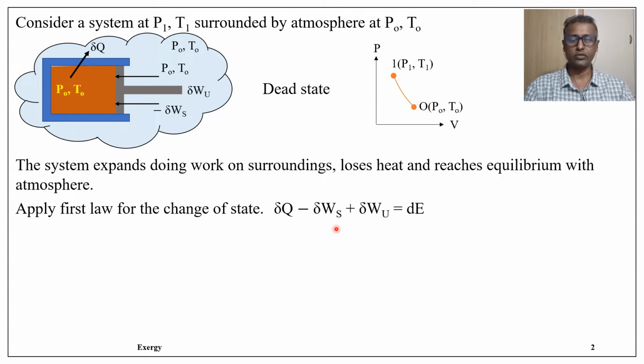The system has to overcome the resistance offered by the atmosphere or the surroundings to the movement of the piston. So this is a work done by the surroundings on the system. Hence, negative sign.